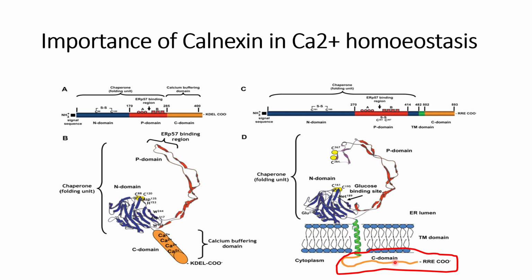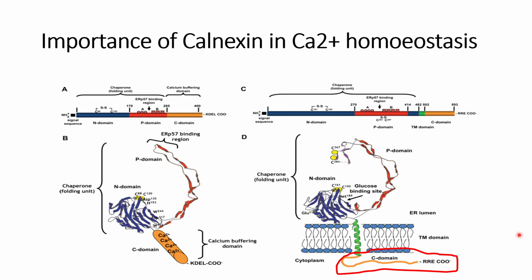This has been tested in the Drosophila organism by affecting the calnexin, and with this they identified that there is a fluctuation of Ca2+ that is not taken care of as compared to the wild type.